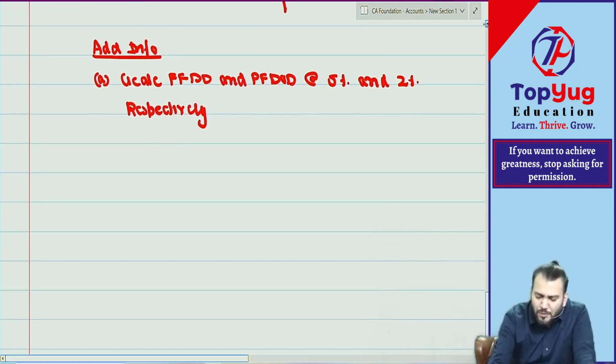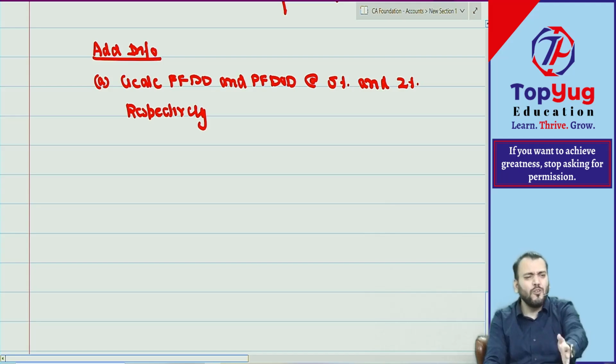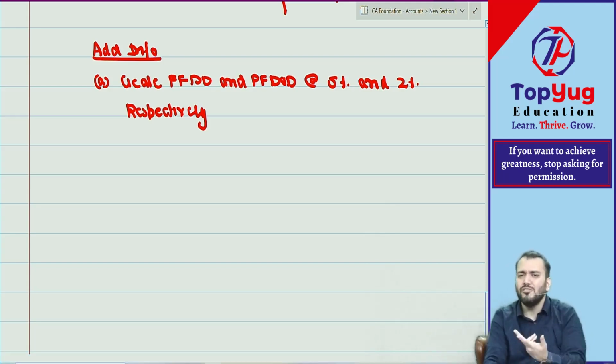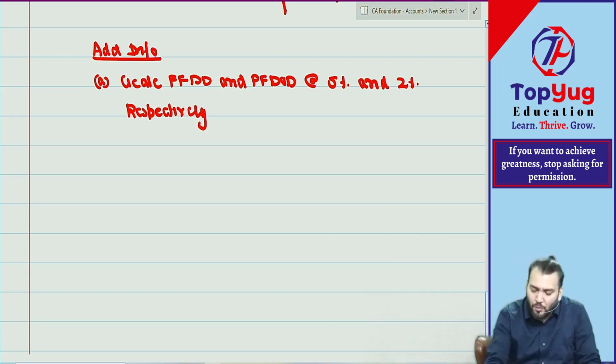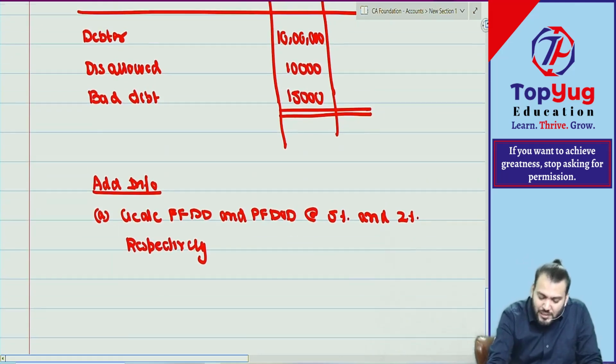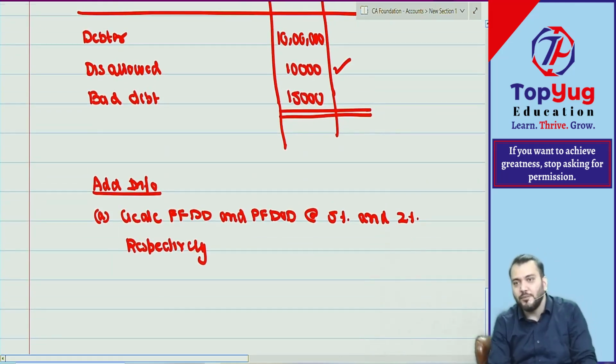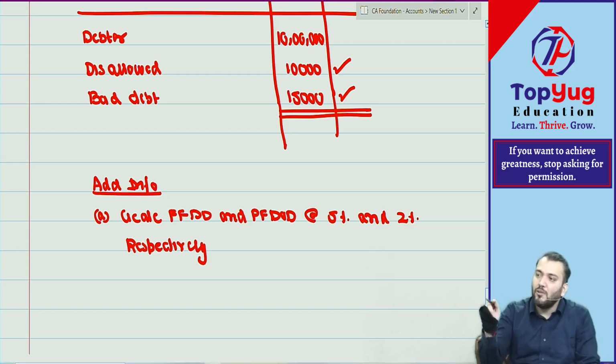Whenever this type of question comes, either for doubtful debt or discount on debtor, in exam we will not do journal entries because they will ask directly for P&L and balance sheet. So we'll not waste time in journal entries. Discount allowed and bad debt are already recorded, meaning already deducted from debtor.